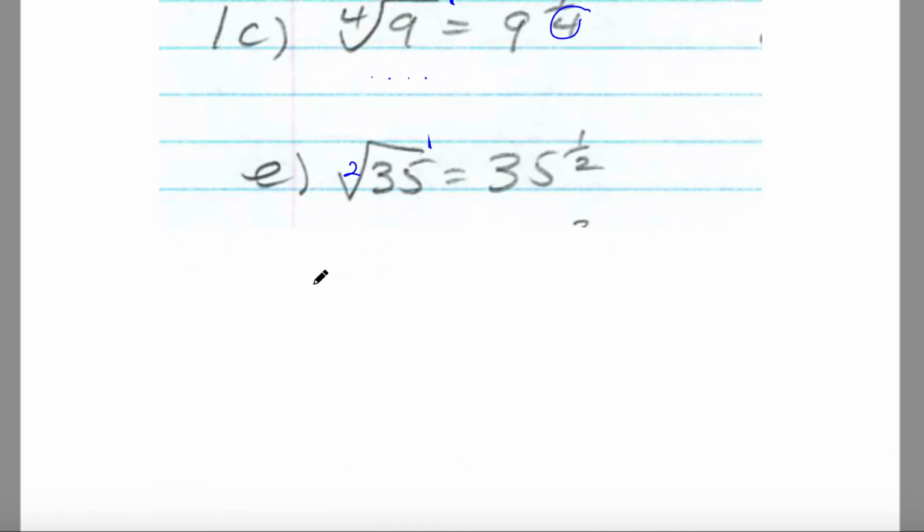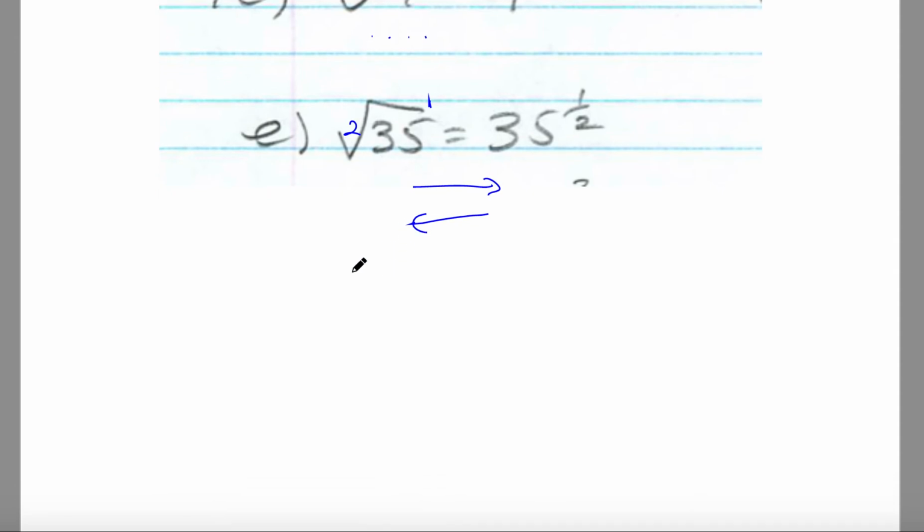But we can go in either direction, it doesn't matter. If you see something like 40 to the 1/5, that's asking you to find the 5th root of 40. So what times what times what times what times what, they're all the same number, multiply to give you 40, and it would be a decimal.